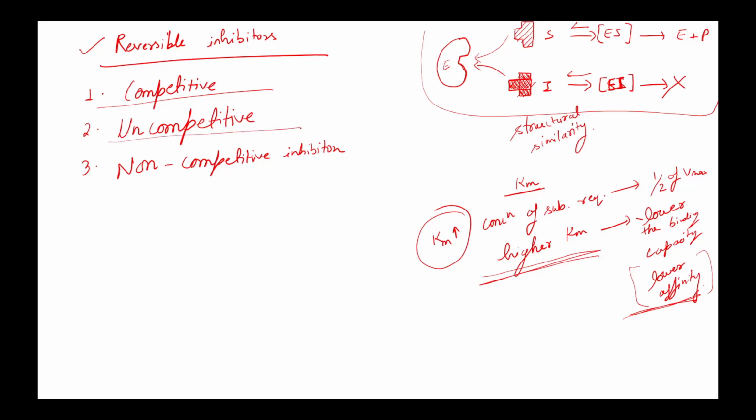Now next we have uncompetitive inhibition. Here we have shown that a competitive inhibitor binds to the free enzyme, but in case of uncompetitive inhibition, this inhibitor is binding to the enzyme substrate complex.